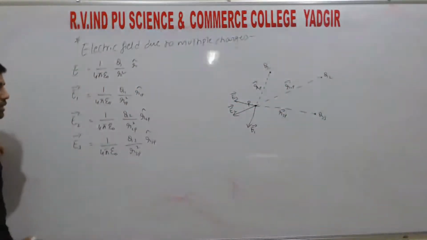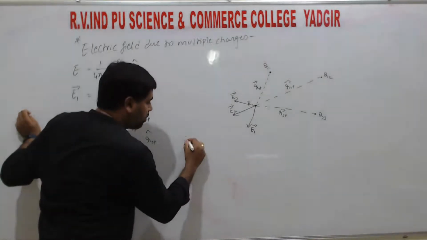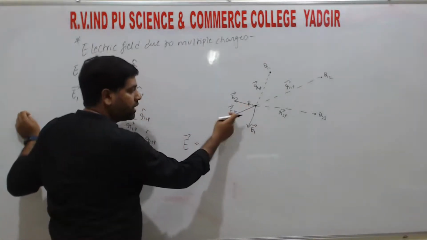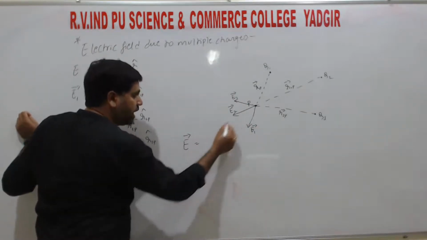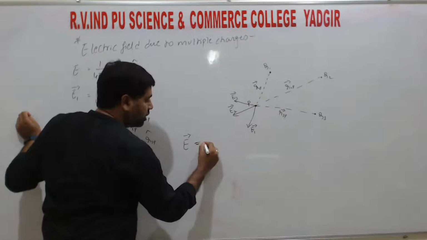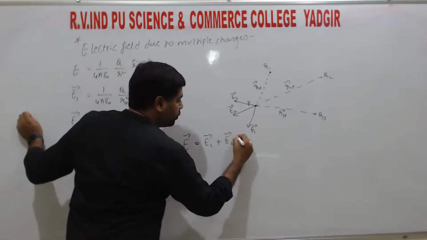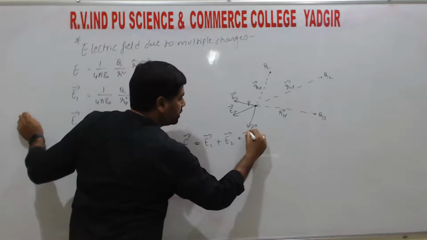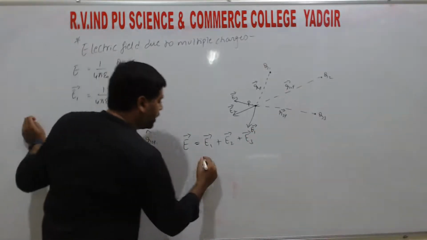So we need to find the resultant electric field. For that we have E1, E2, E3. All these three are vectors. The resultant electric field E at point P is equal to the vector sum of E1, E2 and E3. Right? So now we know E1, E2, E3.